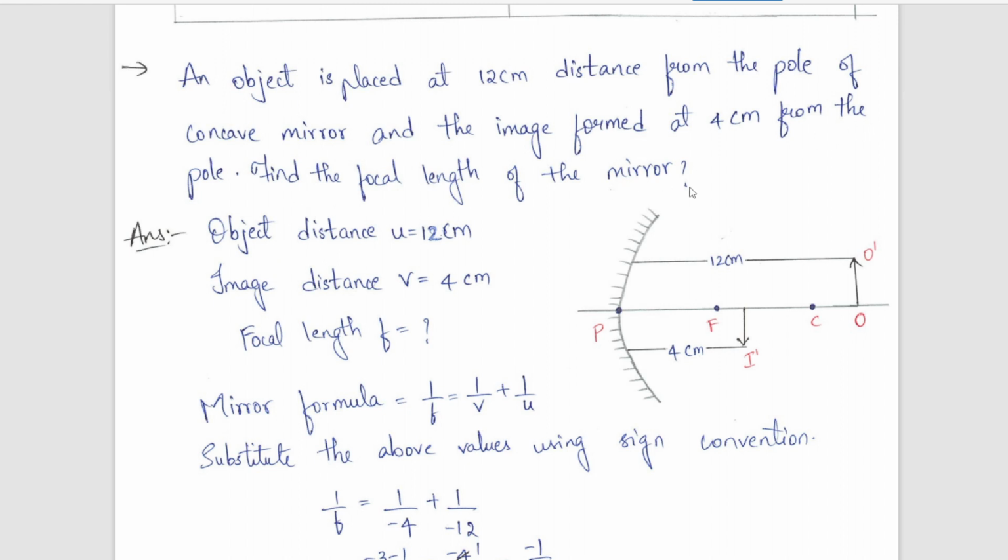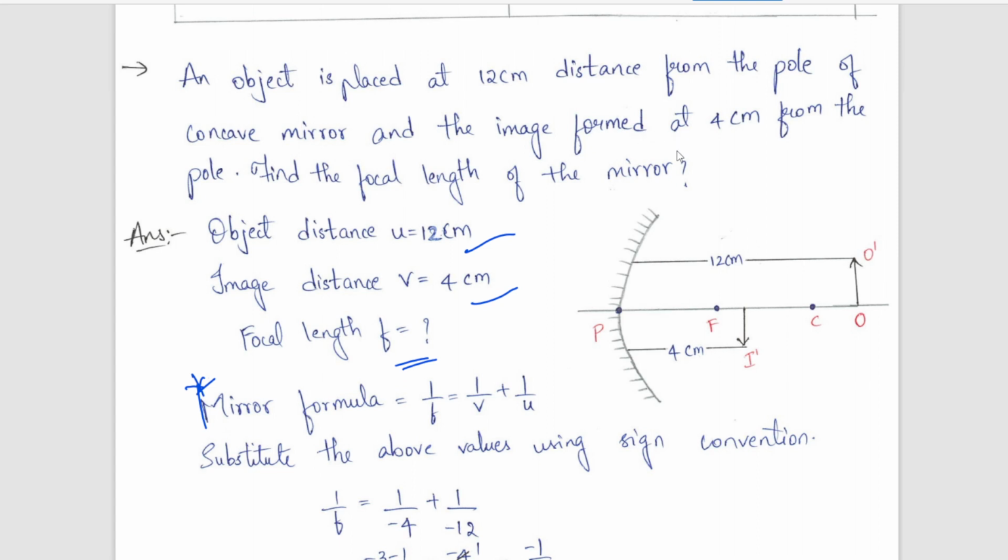Find the focal length of the mirror. So here, what values has he given us? He gave us the object distance u and image distance v. So we have to find the focal length. So here you are using the mirror formula. The mirror formula is 1 by f equal to 1 by v plus 1 by u.